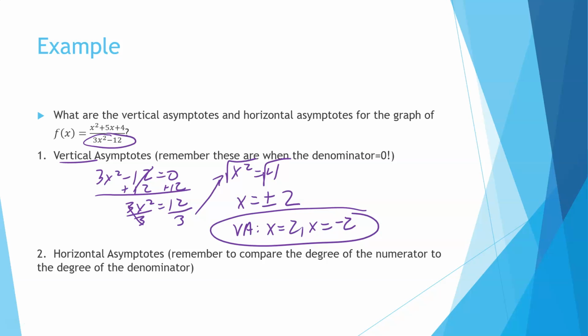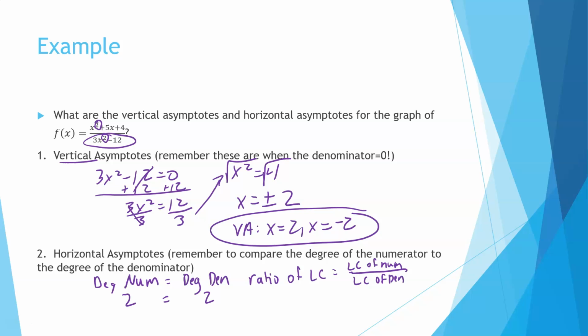Now, my horizontal asymptote. Again, I take the degree of the numerator, which in this case is 2. Then I find the degree of my denominator, which is also 2. So that's when they're equal. That is when I take the ratio of the leading coefficients, which means I take the leading coefficient of the numerator and divide it by the leading coefficient of the denominator.